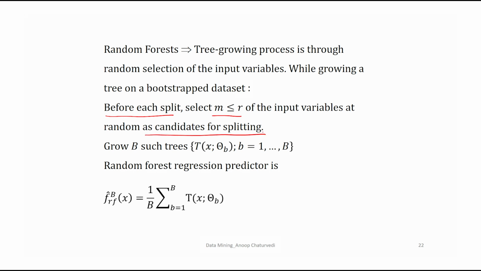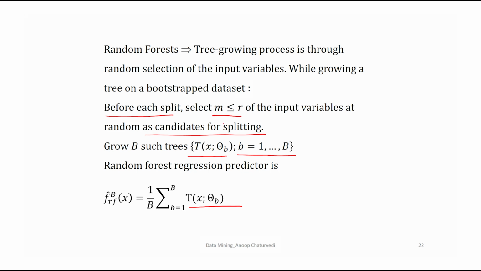So, while splitting, we do not consider all the input variables, we just take a subset, and then we grow B trees, getting T(x; theta_b) for b belonging to 1 to capital B. The random forest regression predictor is f hat rf(x) equal to 1 upon B summation over b of T(x; theta_b).